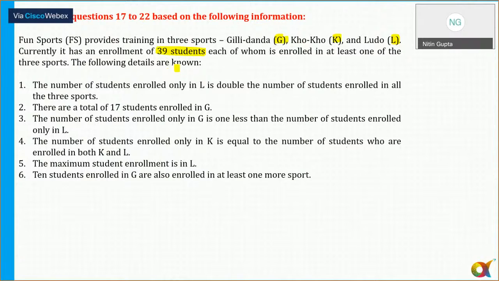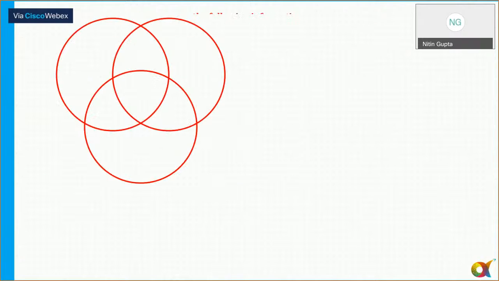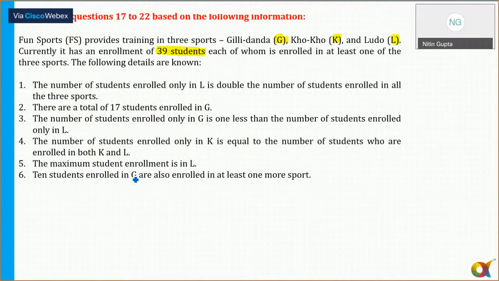So I put it here: G for Gilli Danda, K for Kho and L for Ludo. And I always keep saying in set theory, the key is taking the minimum possible number of variables. So let's see it here.